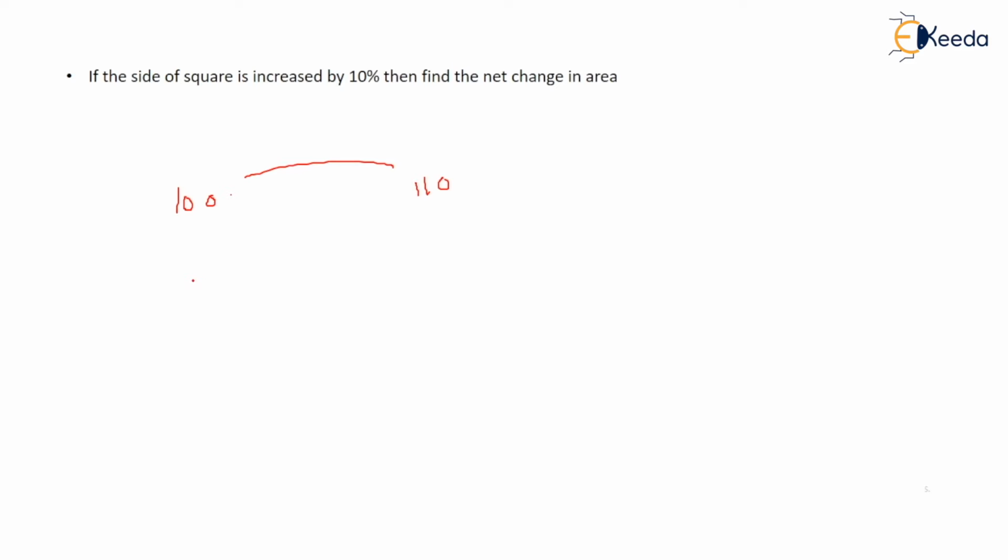So what is the area of the square, that is side into side? So 100 into 100, this is old, and the new one is what? Area of square, that is 110 into 110. This comes out to be 12100, and this comes out to be 10000. You can simply cut two zeros.